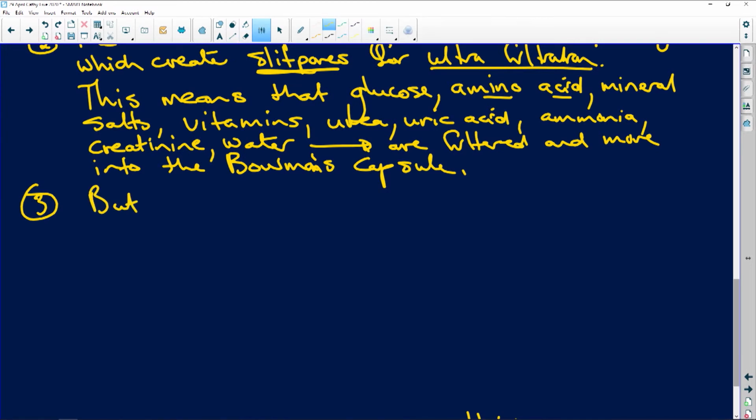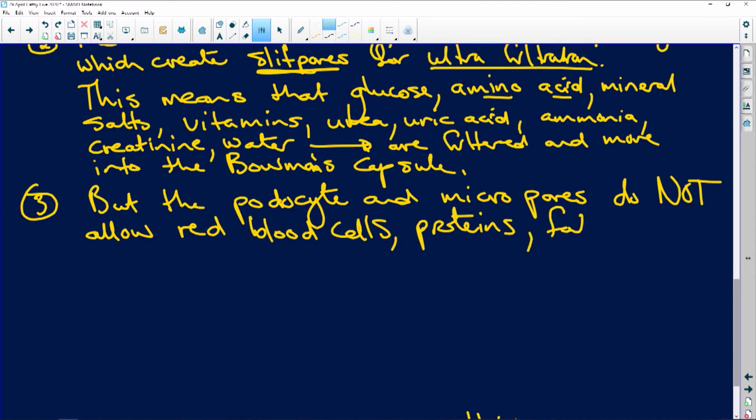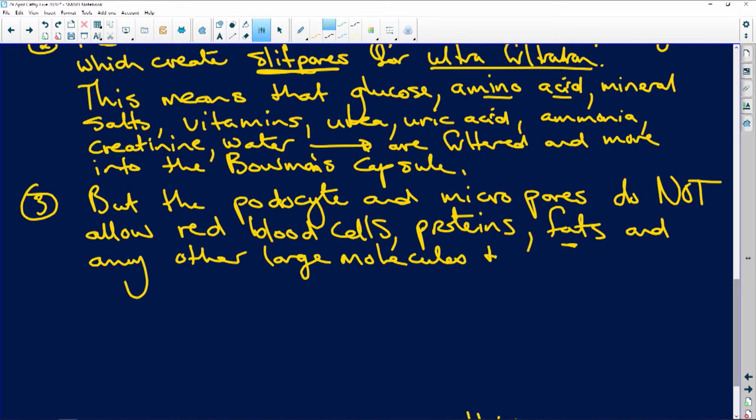But the podocytes and micropores do not allow red blood corpuscles or red blood cells, proteins, fats, which are large, and any other large molecules to pass into the Bowman's capsule.